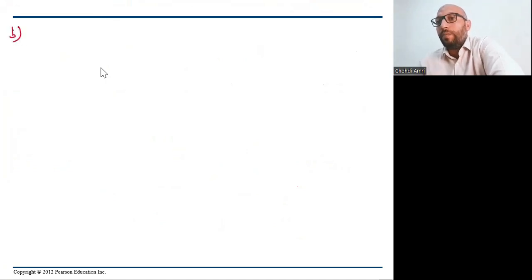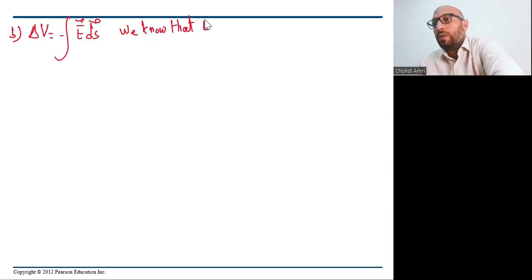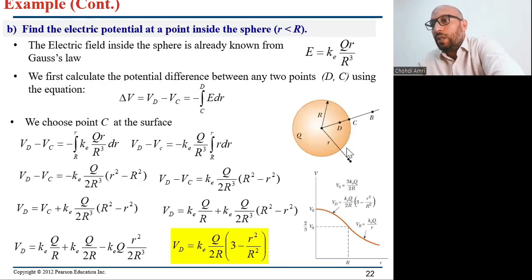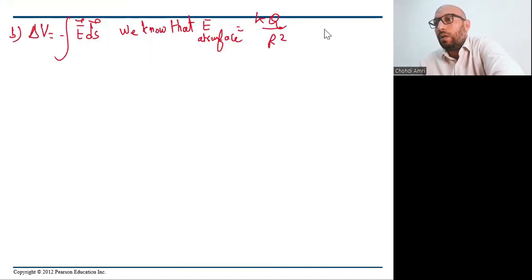Starting from the equation delta V equal minus the integral of E ds, we know that E at the surface, how much is the electric field at the surface? It's KQ over the radius squared. Our radius is capital R, so KQ over R squared. Okay? Chapter 22, lecture 2. Very good.